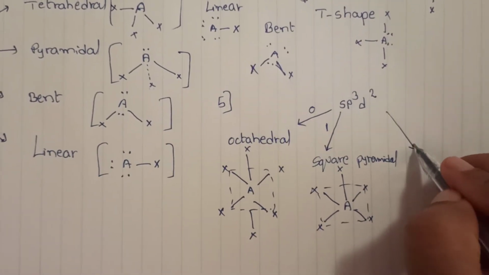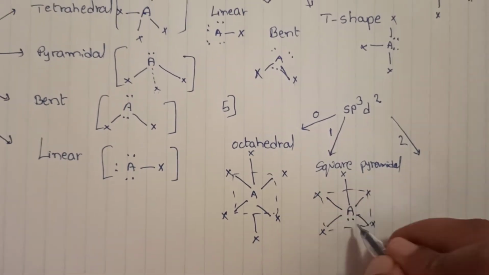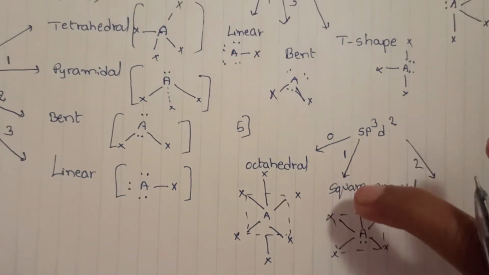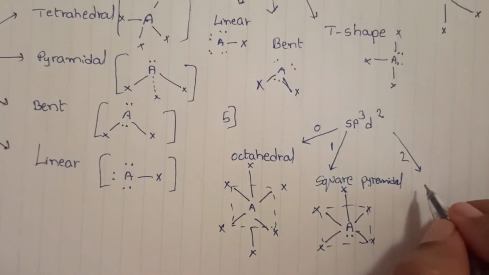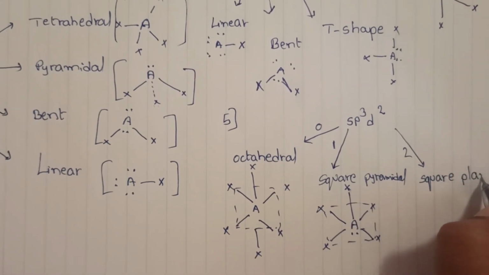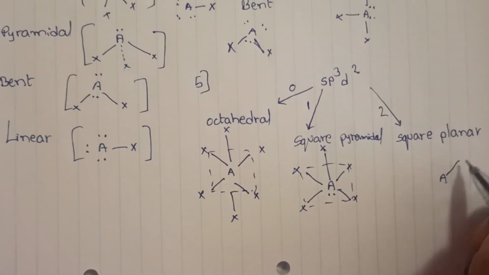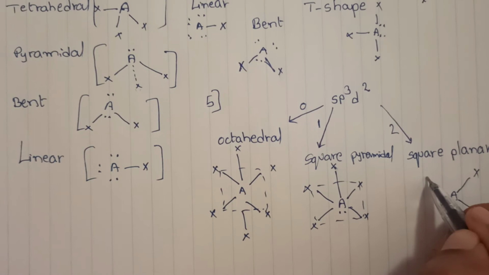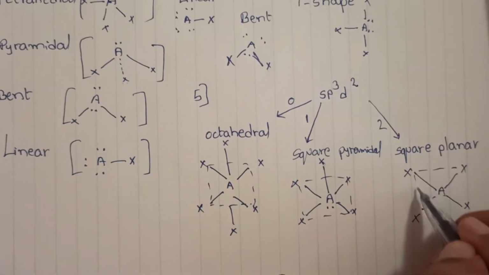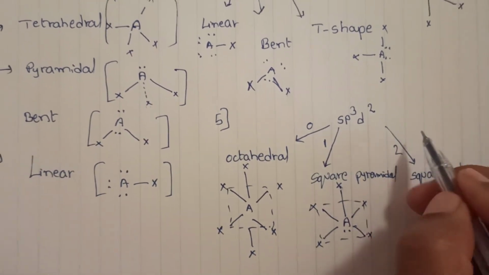Whenever there are two lone pairs, another position here also we have to place lone pairs. Then you have to forget about this shape. It becomes square planar. Then the shape of the molecule will be this way, and there are two lone pairs on the central atom.